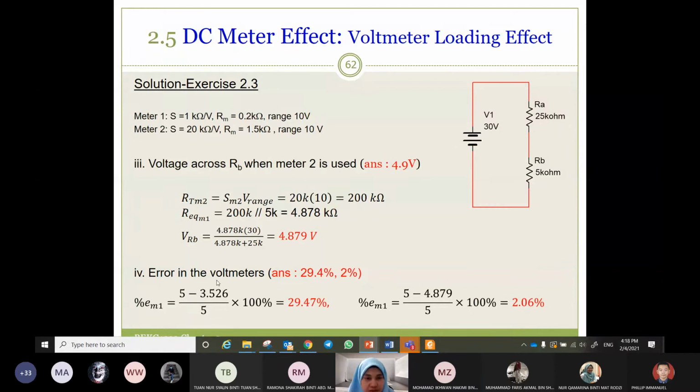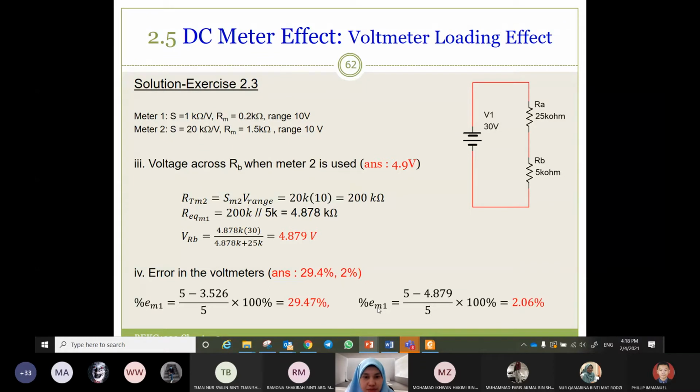So now we find the error. To find error, we take the difference between the actual and the measurement divided by the actual, multiplied with 100. So for voltmeter A or voltmeter 1, the error is 29.47%.